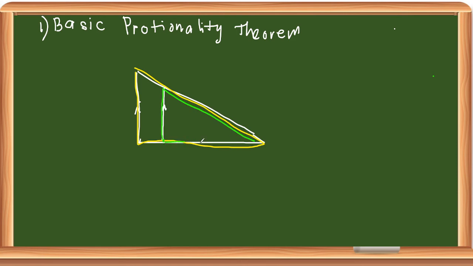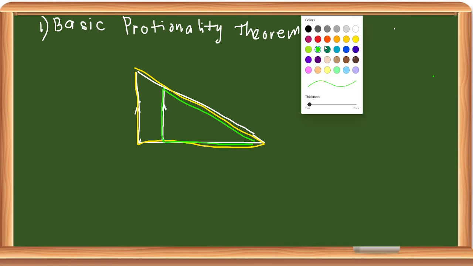If in this case, a line is parallel to the third side of the triangle, then the two triangles that are formed are similar. That is the basic proportionality theorem. That means, since they become similar, their corresponding sides would be proportional. Okay, corresponding sides will be proportional.